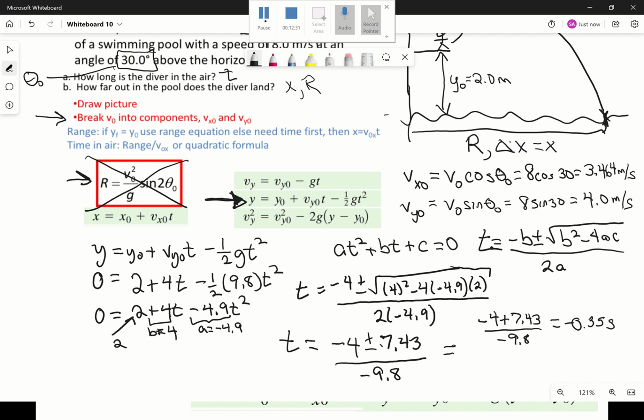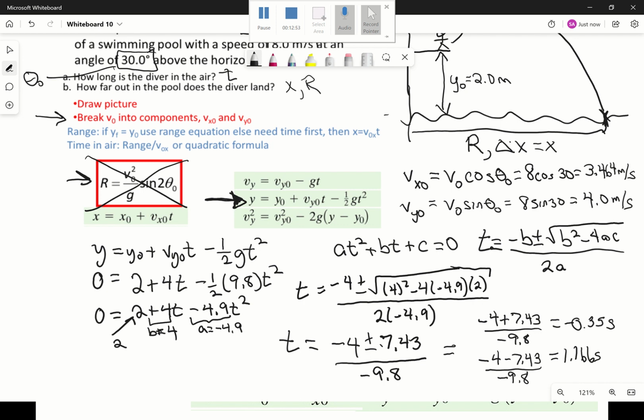And if I do the minus sign, I get negative 4 minus 7.43 divided by minus 9.8, and I get plus 1.166 seconds. So whenever you solve the quadratic equation, you're always going to get 2 solutions.